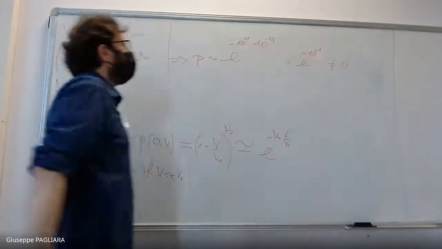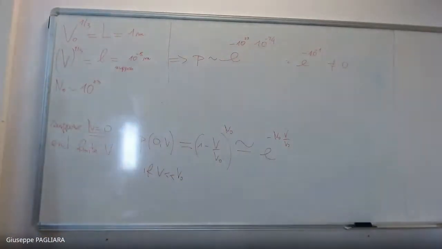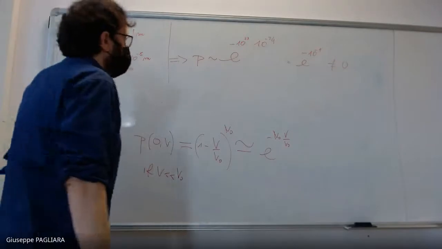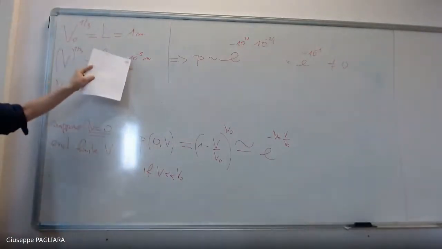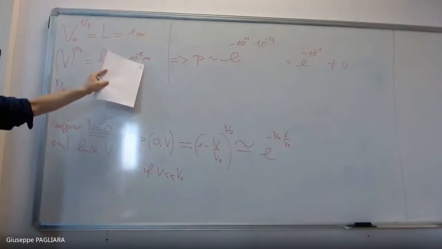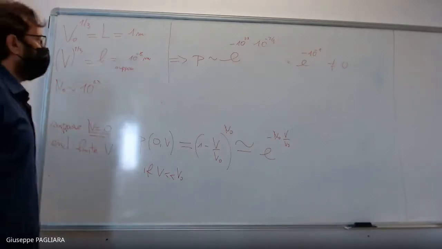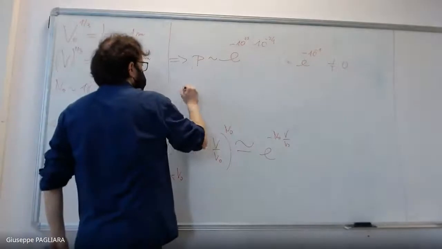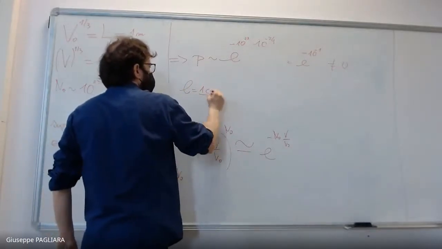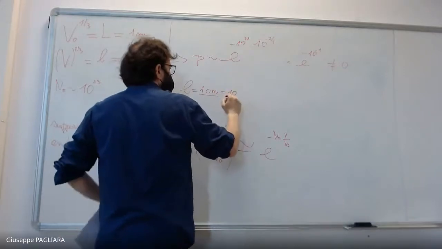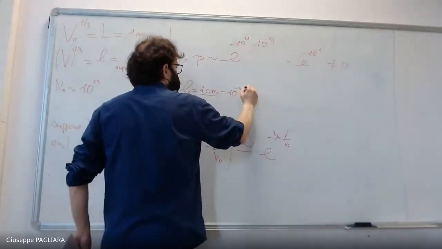Now I will make it explicit what I mean by different from 0. Suppose that now I'm using, instead of a scale of 10 to the minus 8 meter, which is 10 nanometers, L equal to 1 centimeter, which is 10 to the minus 2 meters.